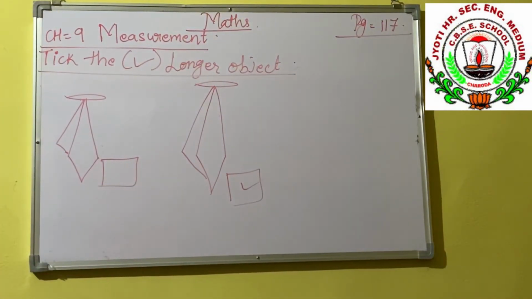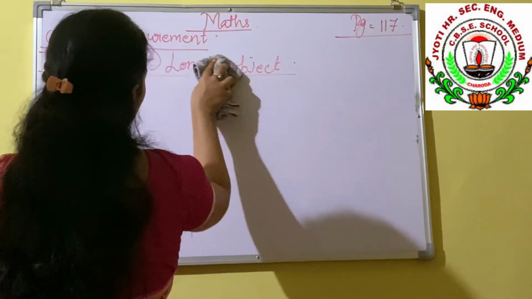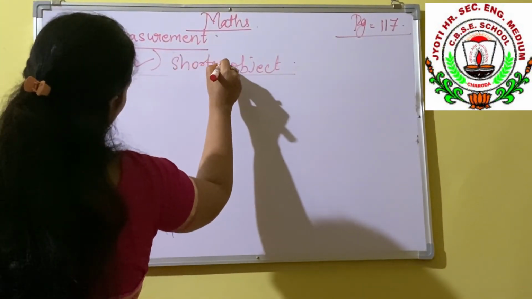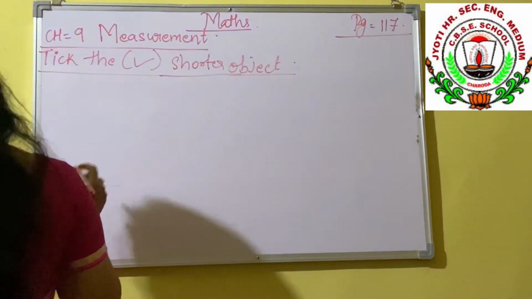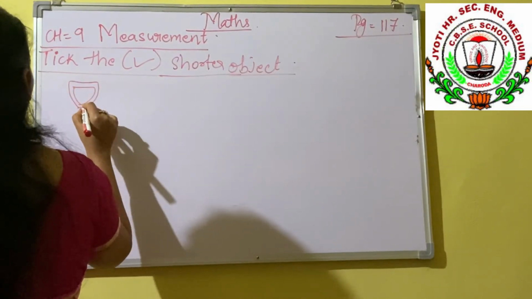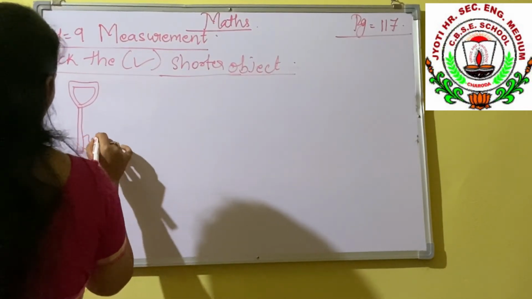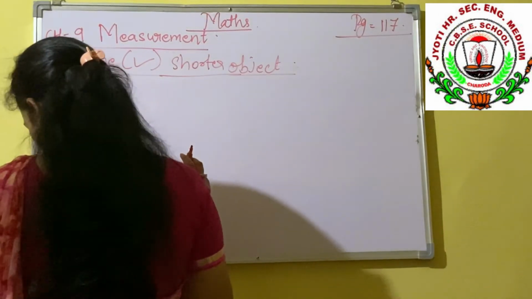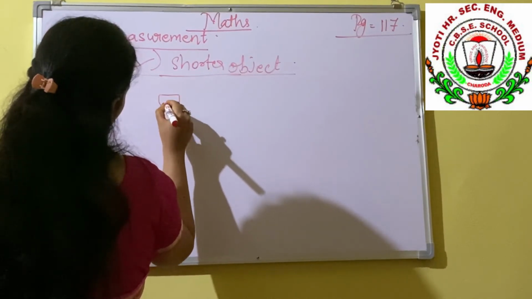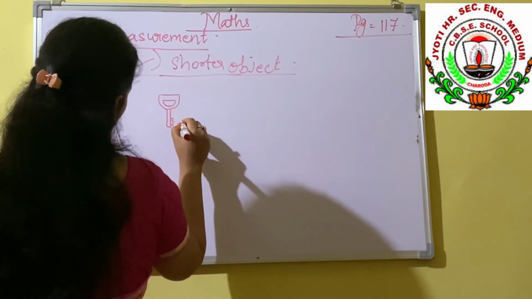As it is, next one, shorter. Take the shorter object. Shorter means chota. Here one long key and one short key are drawn.